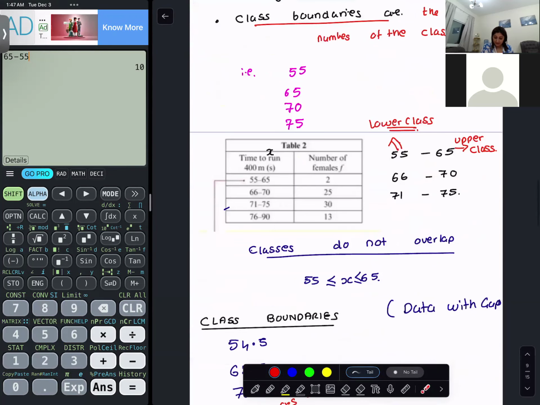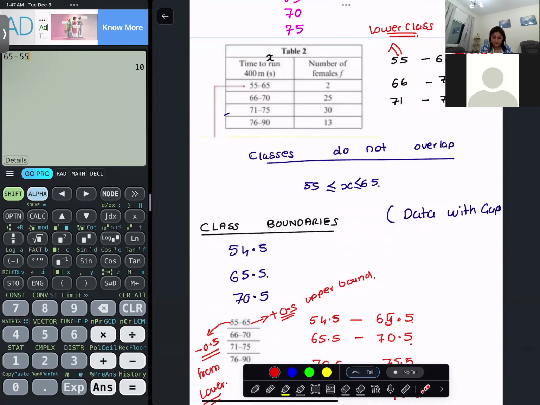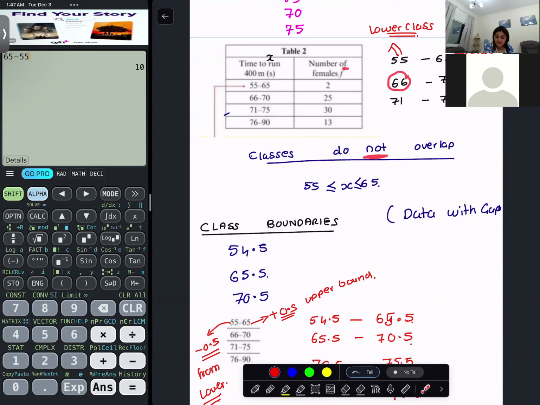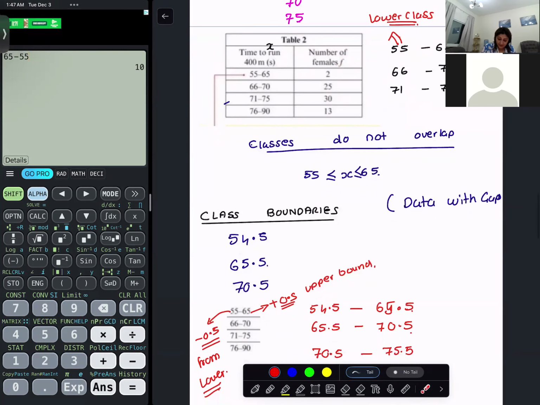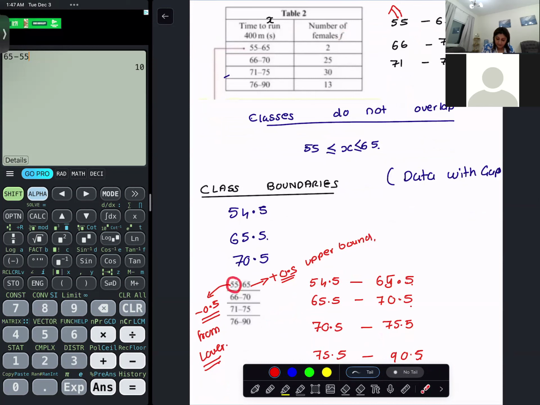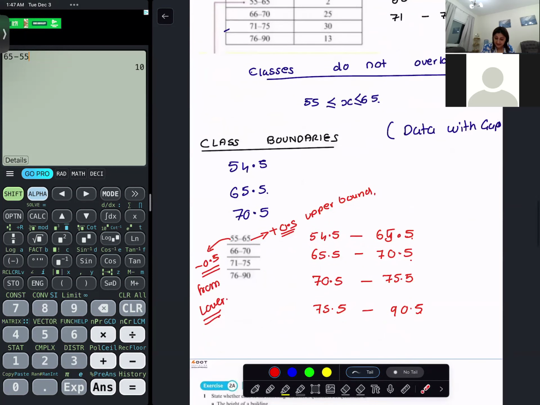Now, if I take my table 2, the classes are not continuous. You can see the upper class is 65 and the lower class is 66 over here. So the classes do not overlap. That means my females will take both the values between 55 to 65. So the class boundaries, if I'm supposed to write, I will subtract 0.5 from the lower class and add 0.5 to the upper class. The classes have to be continuous.